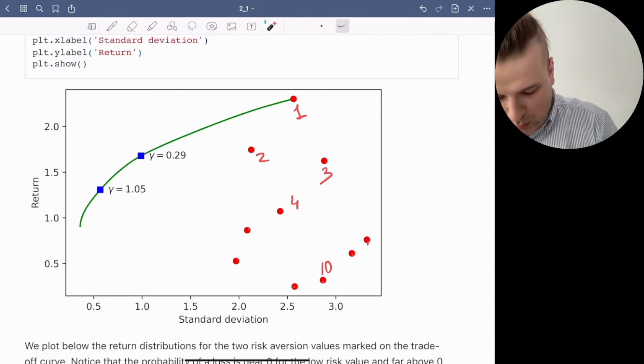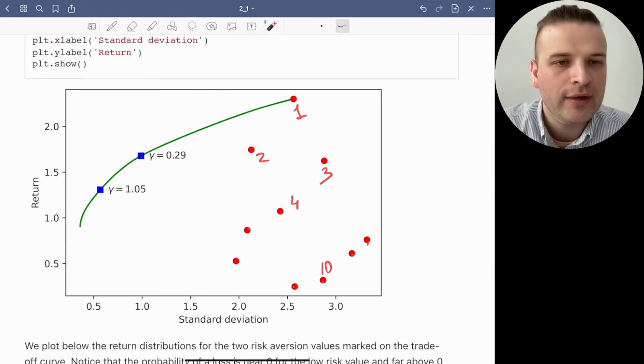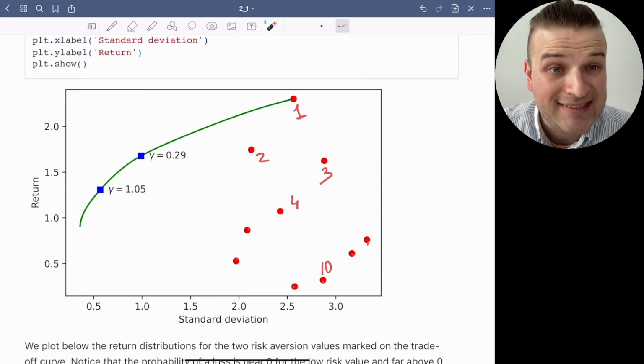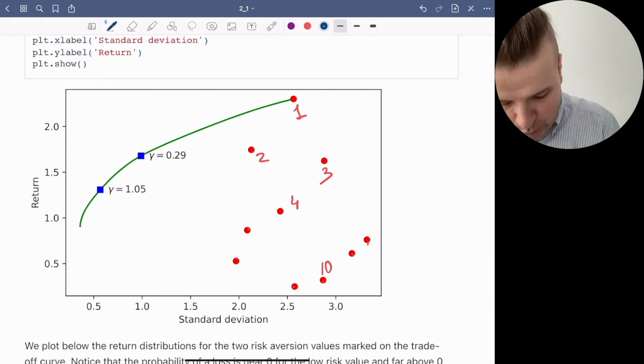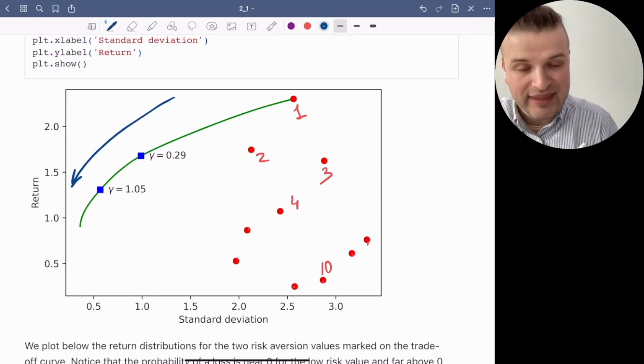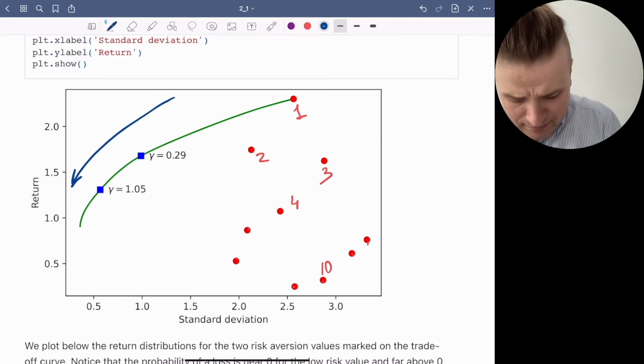But what is this? This green curve is actually a set of optimal solutions for different values of gamma. That's the most interesting part here, which means that we have this transition from lower to higher values of gamma.